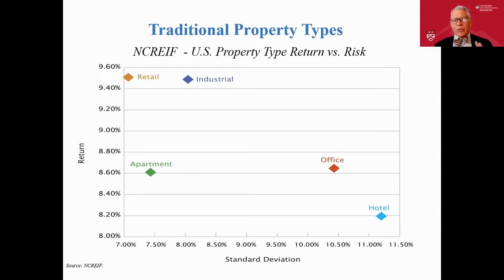The two major sub-property types within retail have been regional malls, which have done well pre-COVID, and grocery-anchored neighborhood and community centers. When I was at Alex. Brown and then Jones Lang LaSalle, we focused on two property types: grocery-anchored retail centers and industrial warehouse were our two specialties.